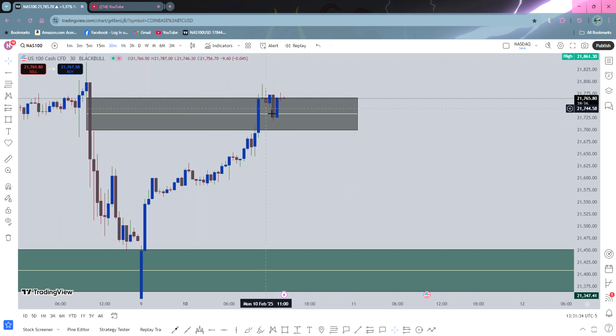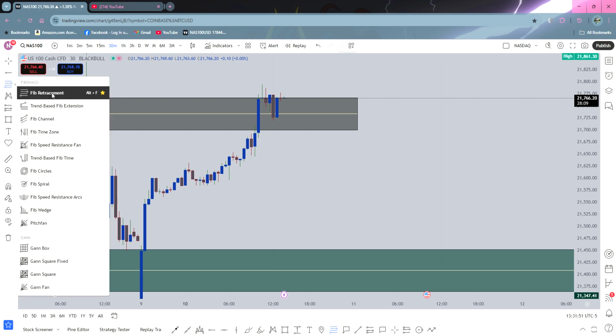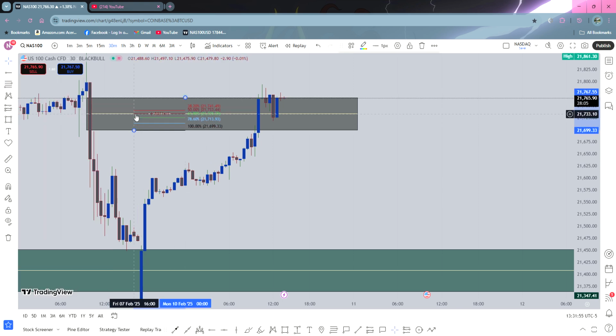It becomes inverted because we closed above, like it becomes support. So we just have to wait for a reversal, which actually happened here. Like the consequent encroachment of this midpoint. Most of the time I draw out the box, but you can use your Fibonacci retracement and just measure this. And then the midpoint, you see, 50%.